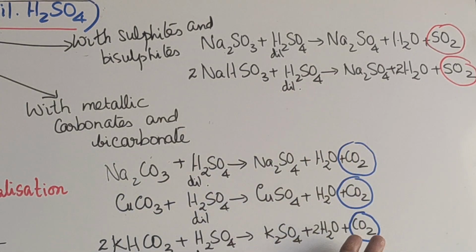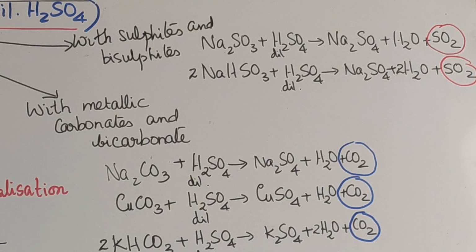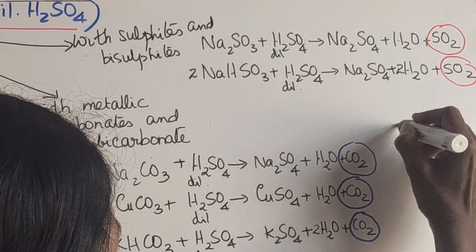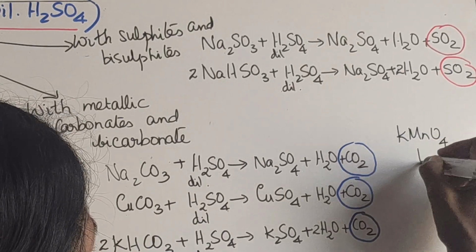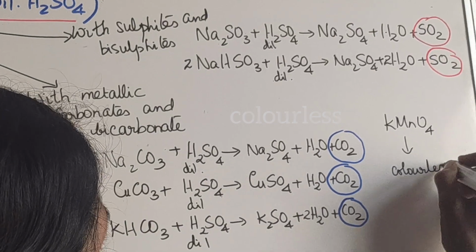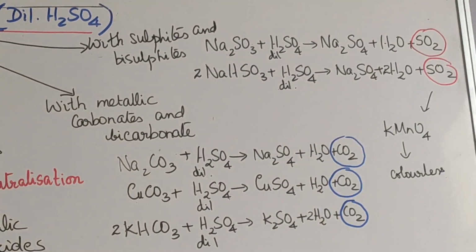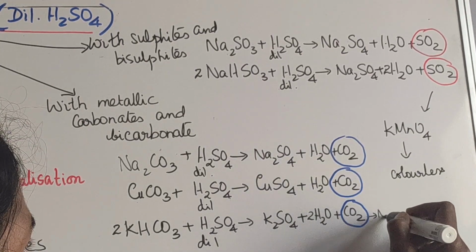Both are giving gases which will turn lime water milky. But if you add potassium permanganate, this will become colorless with sulfur dioxide. But with carbon dioxide there is no reaction.